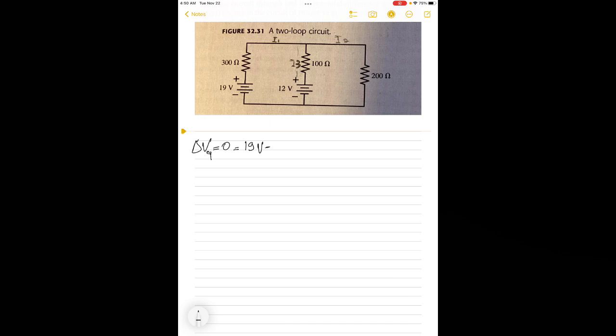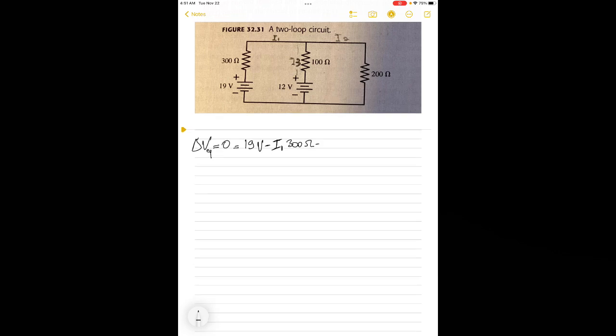Because there is a resistance, there will be a current drop, and let's say that first line, we call it E1, times the resistance, ohms, minus another current drop, E3 of 100 ohms.